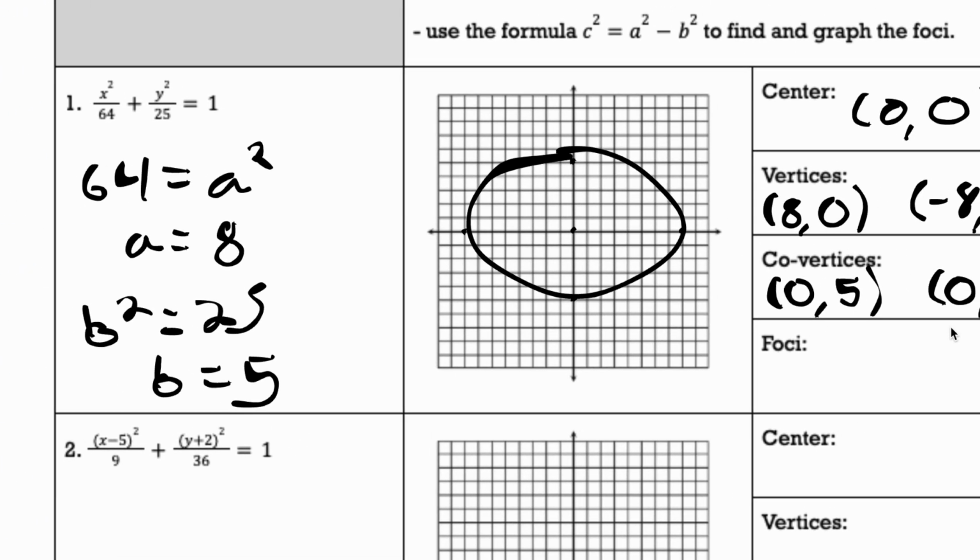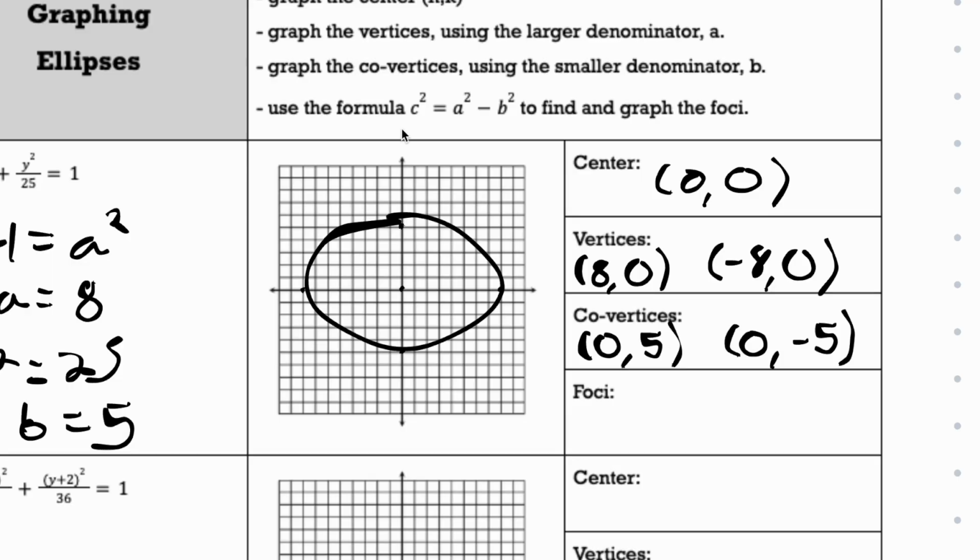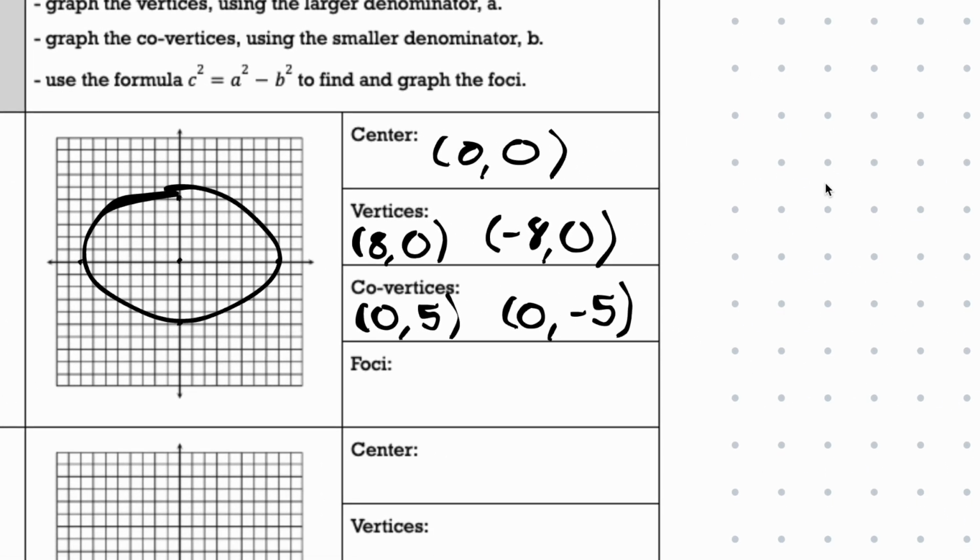Now, what is our foci? So for our foci, c squared equals a squared minus b squared. So c squared is going to be a squared, which we found out a was 8, minus b squared, and we found out b was 5.